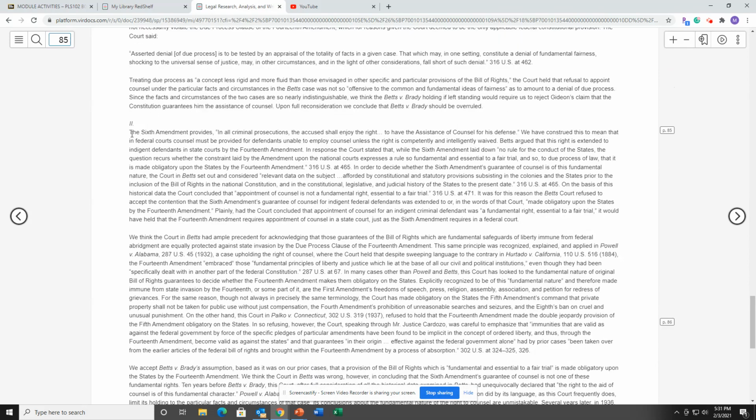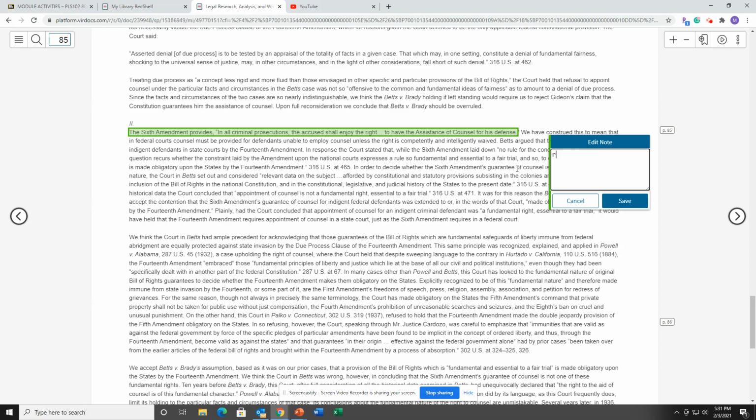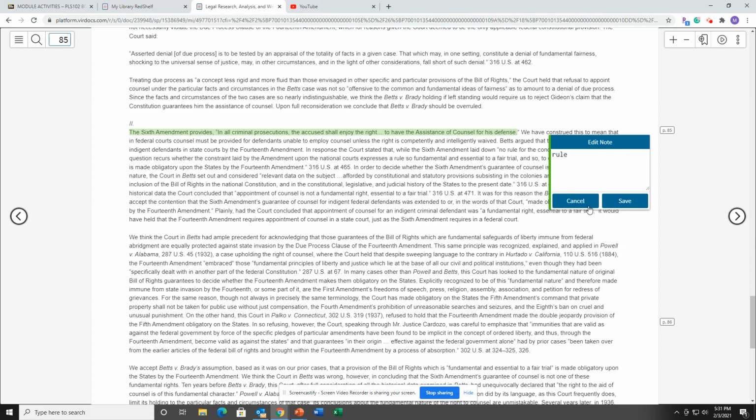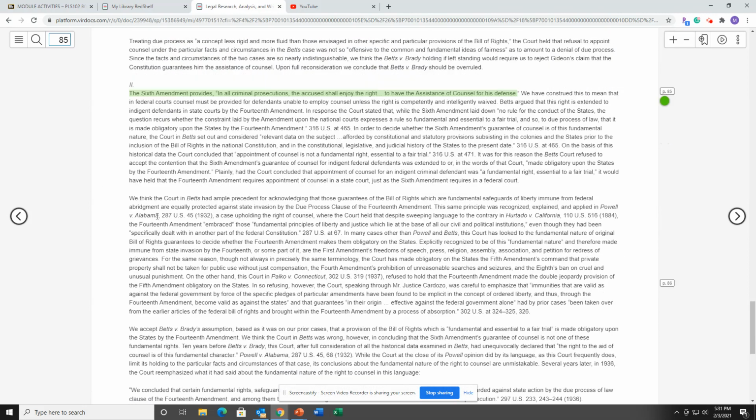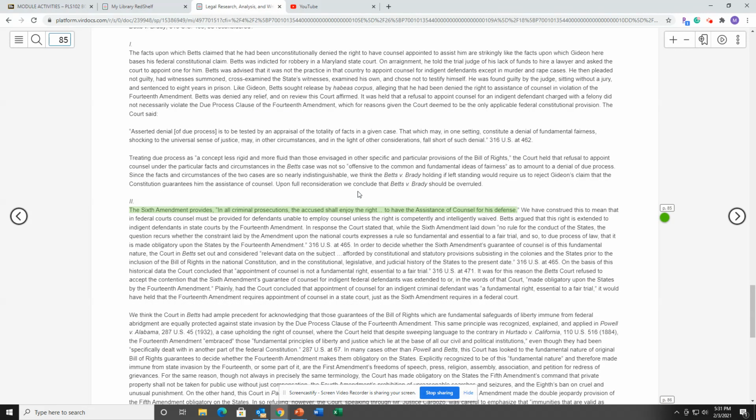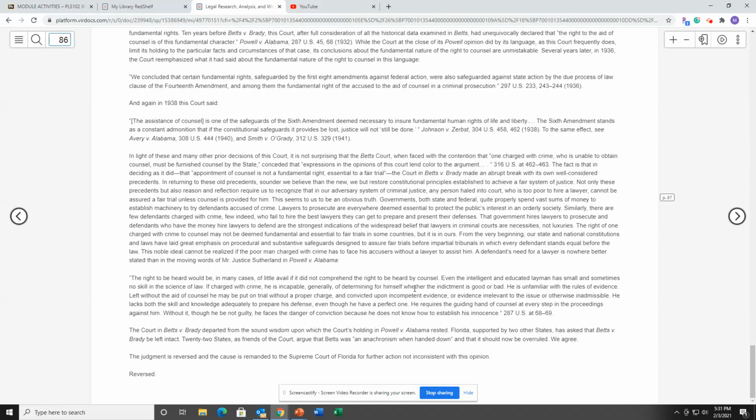They're talking about the 6th Amendment, and that would go in your rules section. We can even write a note saying this is my rule. Then this whole section where they talk about Betts versus Brady, that would be the other rule they really rely on, and how they analyze it. So this is all your analysis.